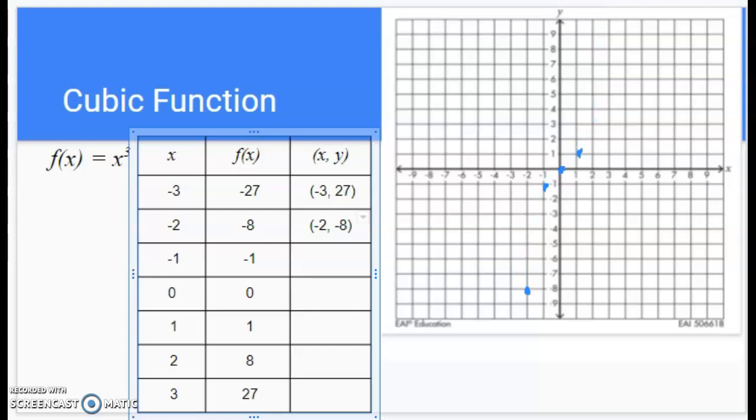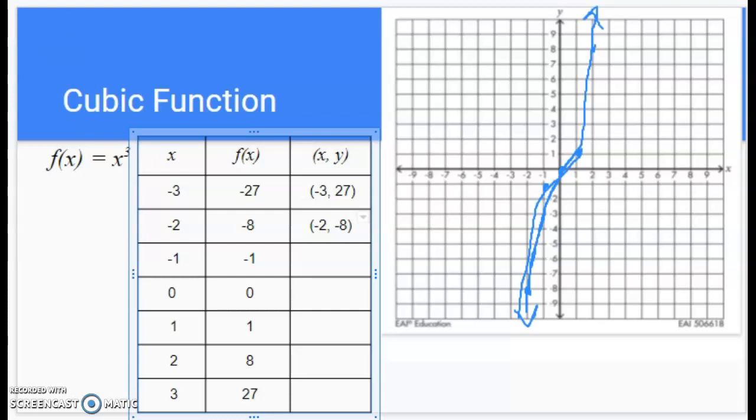So let's draw that curve again, making sure it crosses the origin. It's like a stretched out sideways S. So that's our cubic function.